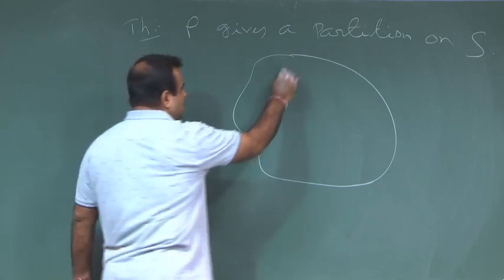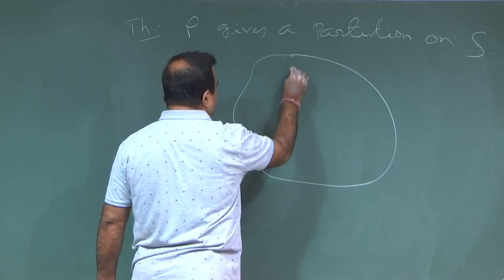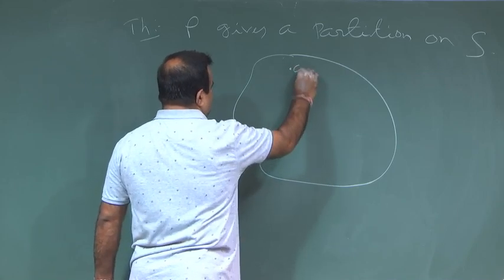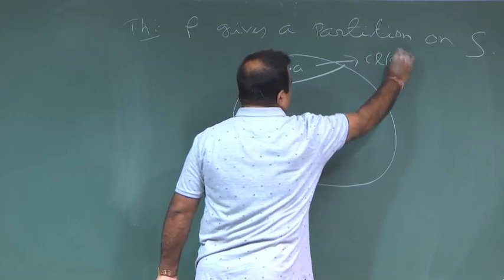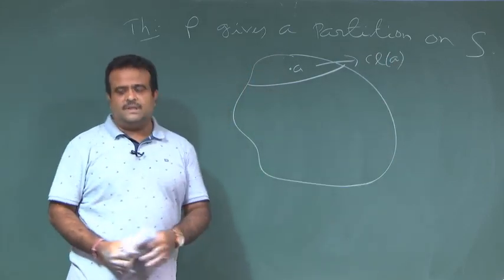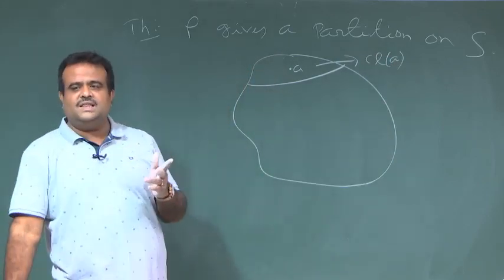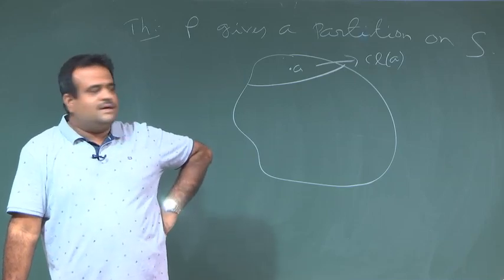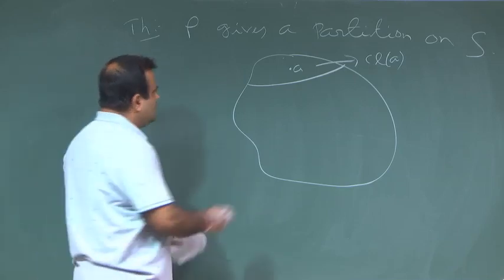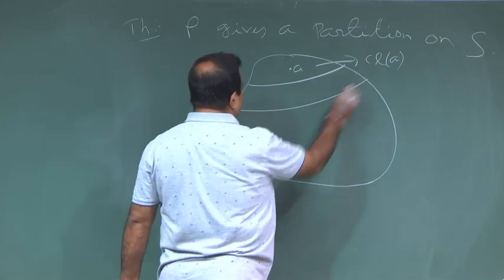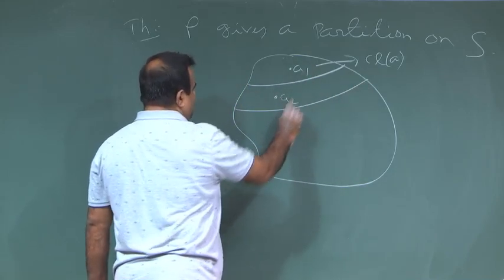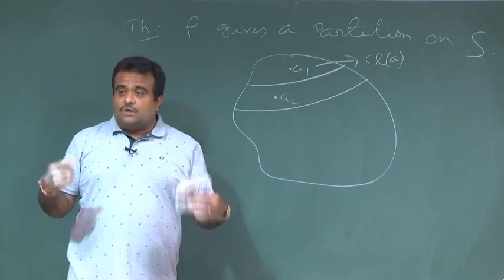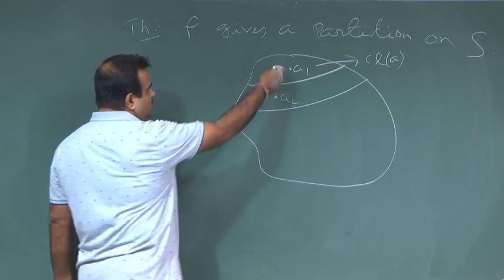Just as in the theorem, we take an element A, and this is the class of A, which contains all the elements related with A. Then we take another element A1 which is not related with A, and another element A2 which is not related with A. If it were related with A, it would be in the same class.